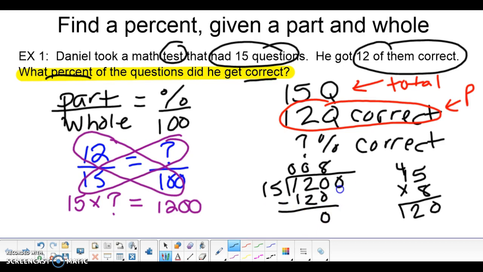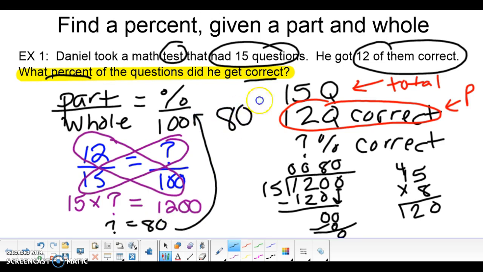We still have this last 0, so I've got to bring it down and divide. Can 0 be divided by 15? No, so we put a 0. So there we have it. That missing number is equal to 80, which is my percentage. So we know that Daniel got 80% correct.